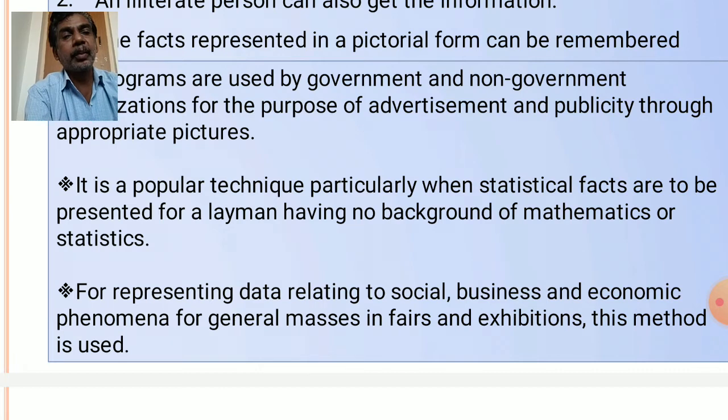So these are the best types of three-dimensional diagrams.